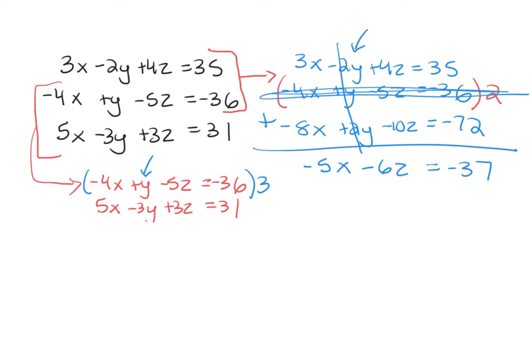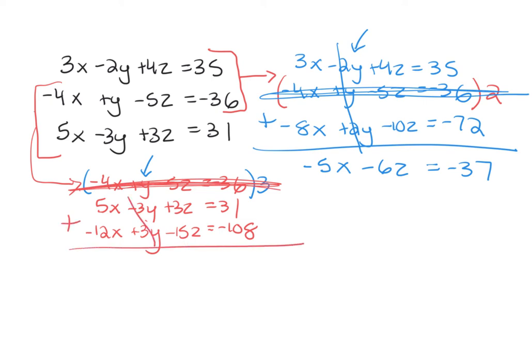And I'm going to rewrite it below. So negative 12x plus 3y minus 15z equals negative 108. And I no longer need this equation. I'm going to add these two together.